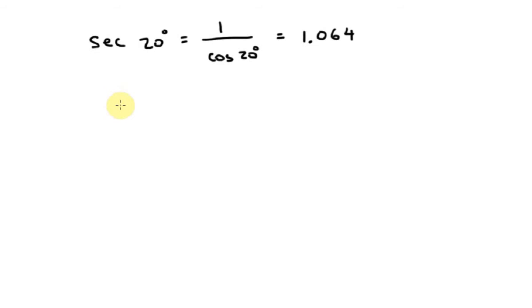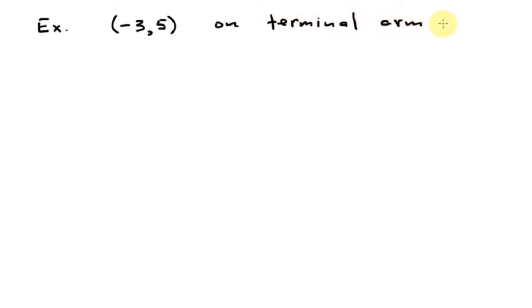All right, let's clear off the screen and look at a couple more examples, and then that'll be it for part 1. So in this example, here's what we have. We have this point which is on the terminal arm of theta.